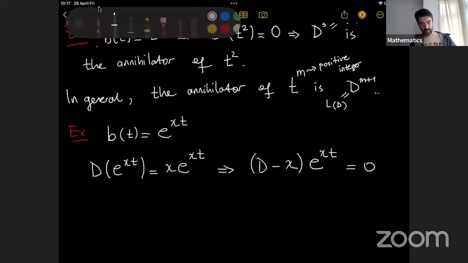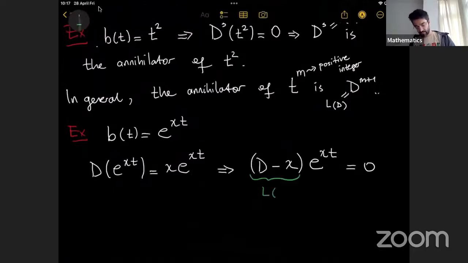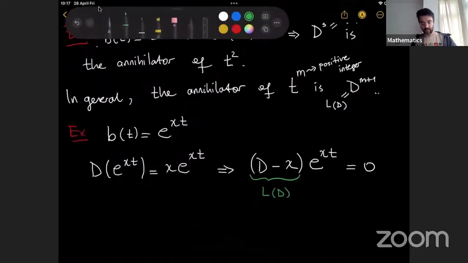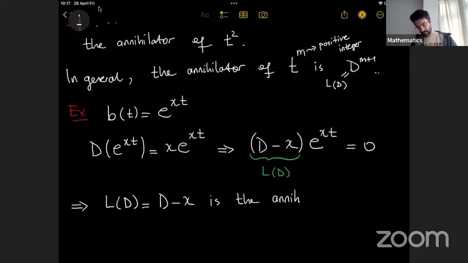That means D minus lambda is the annihilator of e to the lambda t. Okay, is it clear?